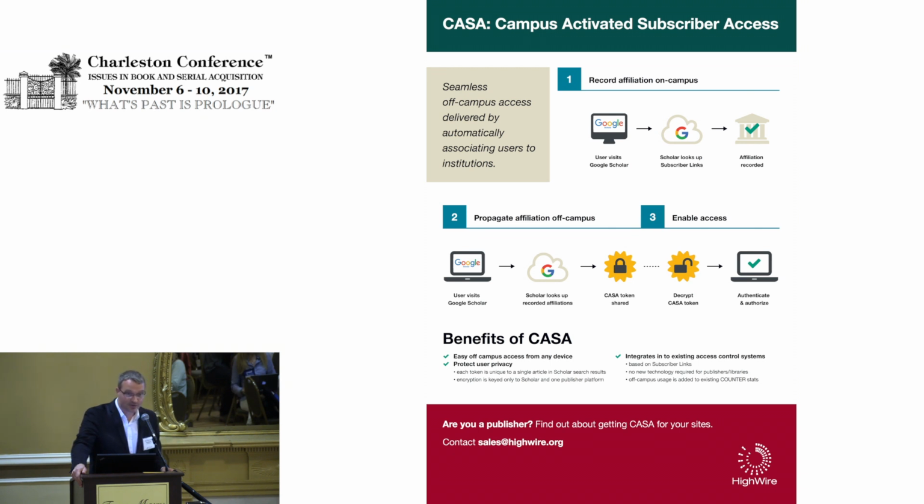There are, of course, a few alternatives currently in place for off-campus access. Proxy servers, Shibboleth, OpenAthens. There are even some new initiatives on the market. But still, very often, they require manual steps, logging in, using a username or password.